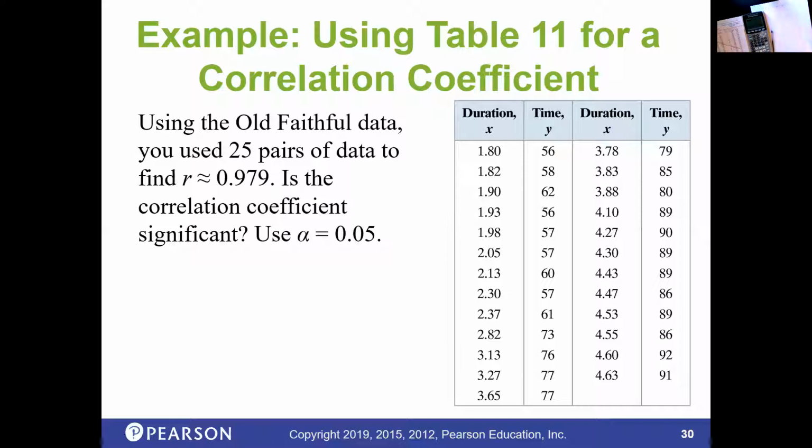Okay, so here's what we're going to do on this problem. We're going to use this information to find the critical R value. They've already given it to us in this case. So instead of putting it in the calculator, we're going to use R equals 0.979.